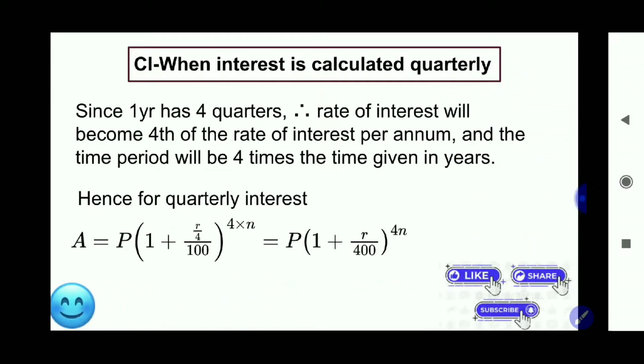Hence, for quarterly interest, the formula becomes like this. A is equal to P into (1 + (R/4)/100)^(4N). So, the formula is P into (1 + R/400)^(4N).